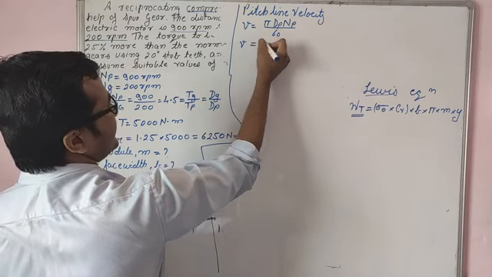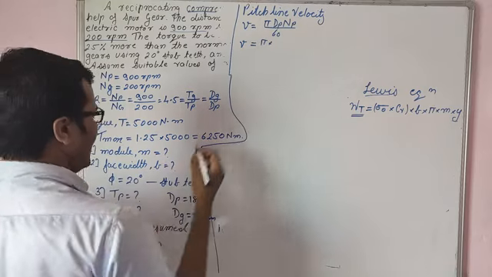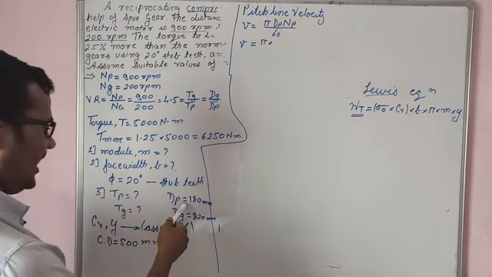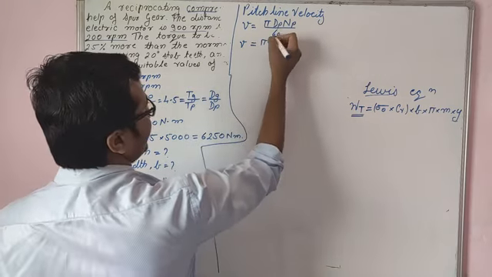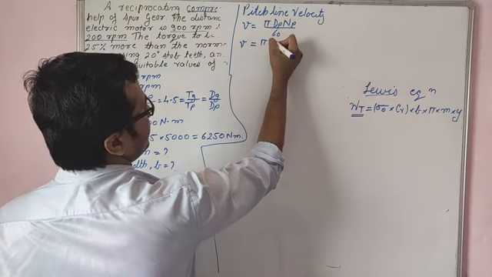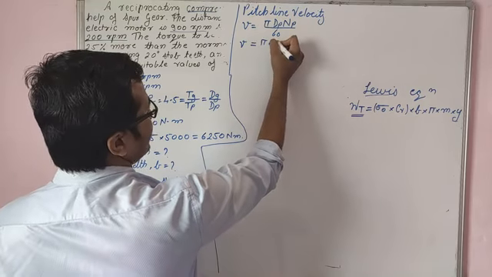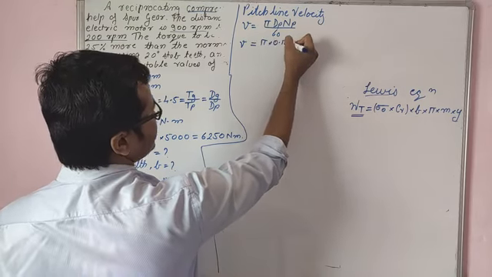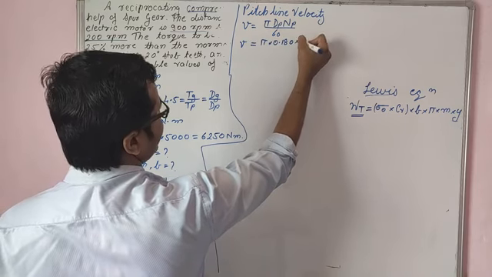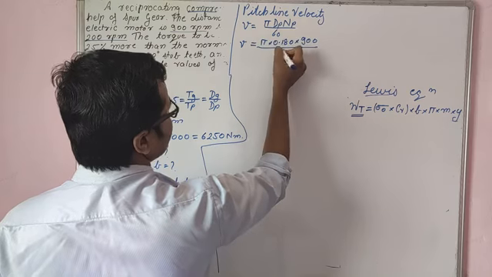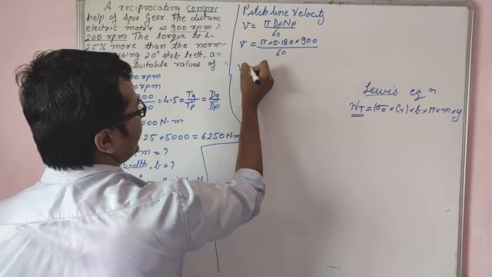So we get velocity equals pi into pitch circle diameter of pinion dp, we have 180 mm. When we convert it into meters, since velocity should be in meter per second, right? So pi into 0.180 into speed of pinion is 900 upon 60. So solve for pitch line velocity.